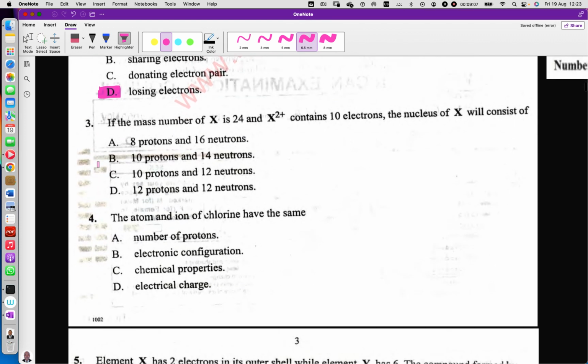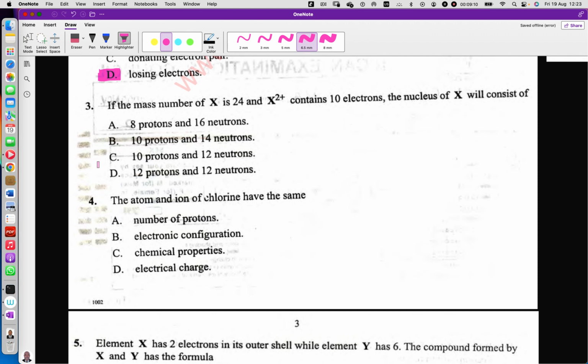Question number 3. If the mass number of X is 24, and the ion, that is X2+, contains 10 electrons, the nucleus of X will consist of what?